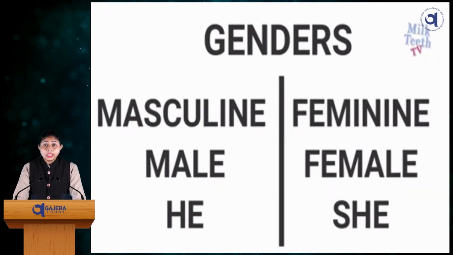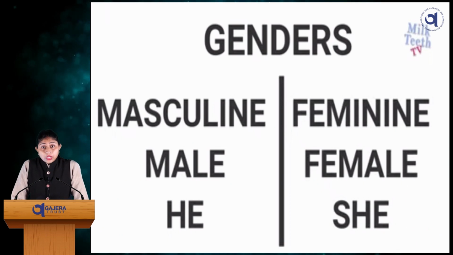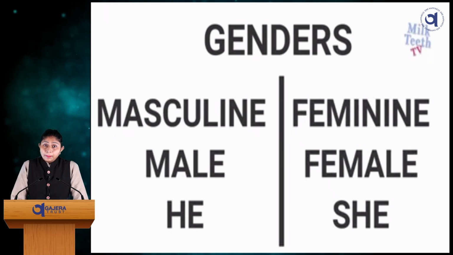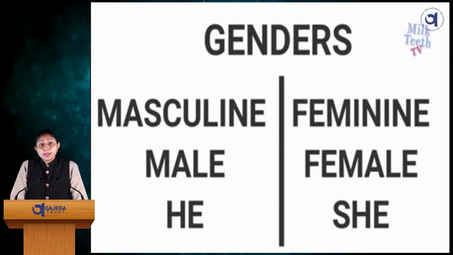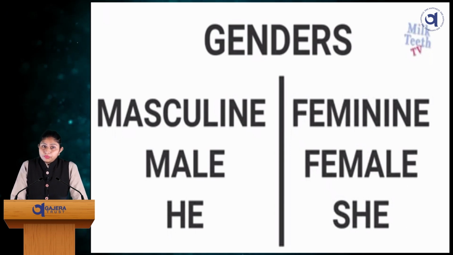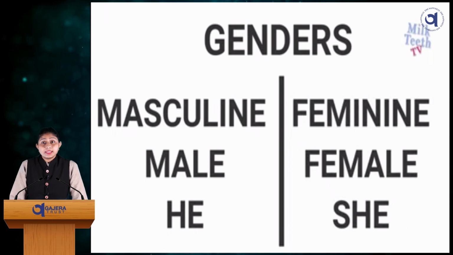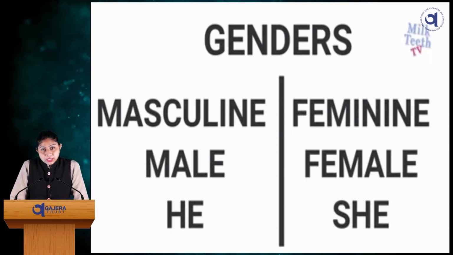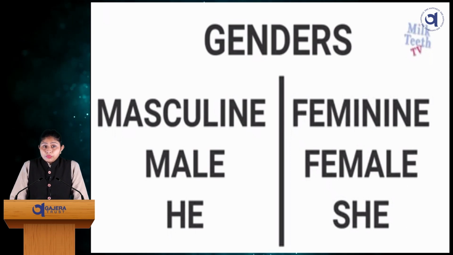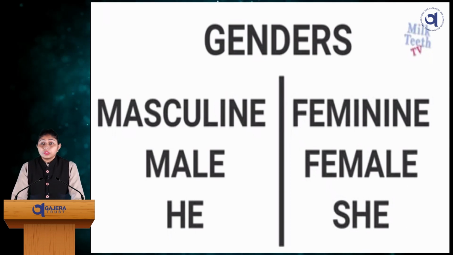Now, in gender, if we are talking about male, then the one word that describes the male is masculine. And if we are talking about a female, then the word for female is feminine. So in our gender topic, if you want to say something about a male, the word you use is masculine, and if we are talking about the female, the word you use is feminine.